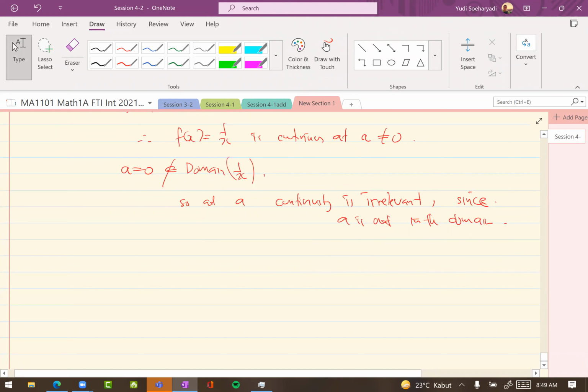One more example: what are continuous functions?